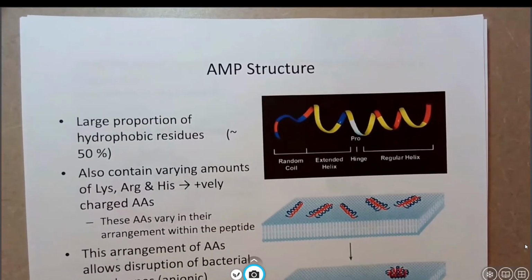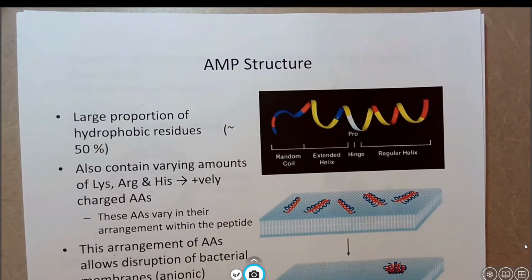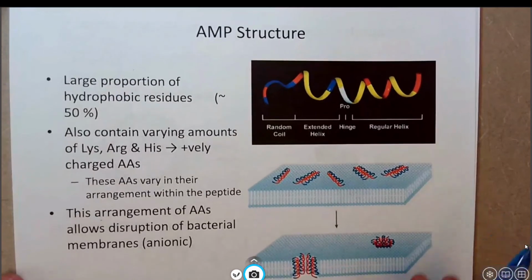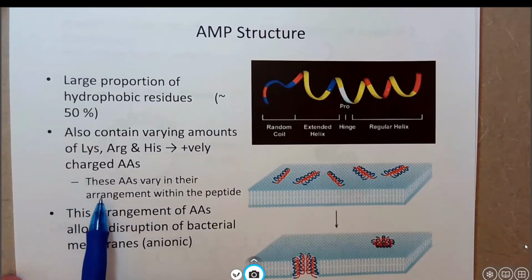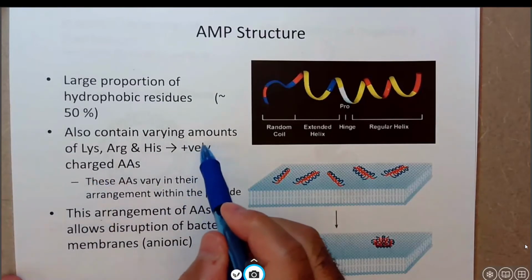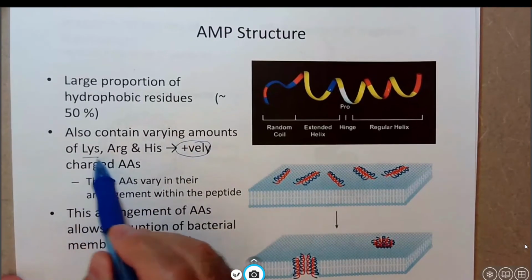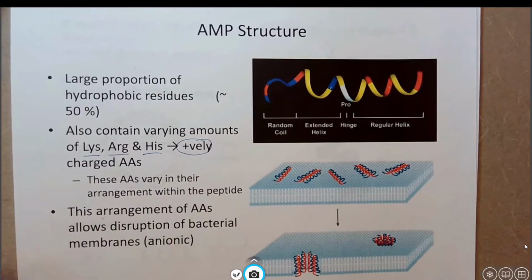All right, so antimicrobial peptides are not too large, as I said, but they are helical motifs that really form these alpha helices, as you can see here. There's a large proportion of hydrophobic residues, and also a large proportion of positively charged residues like lysine, arginine, and histidine.